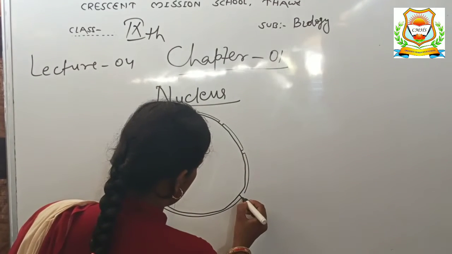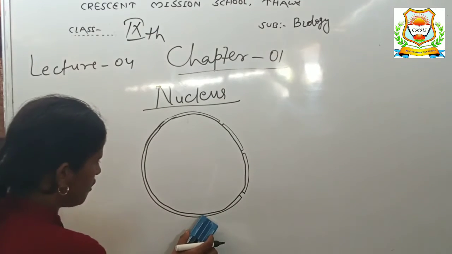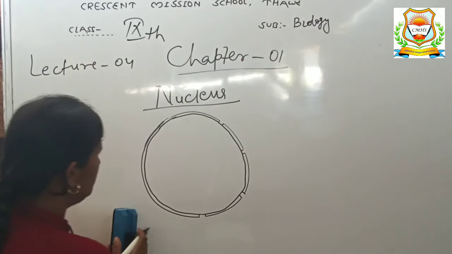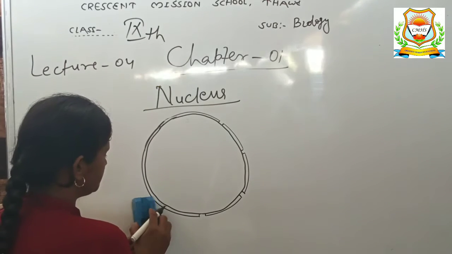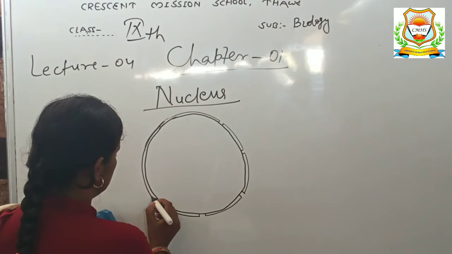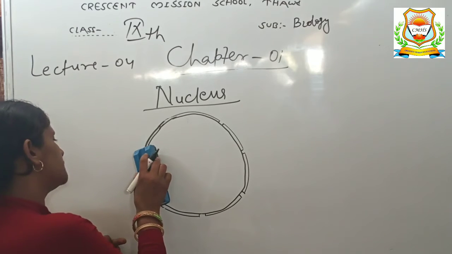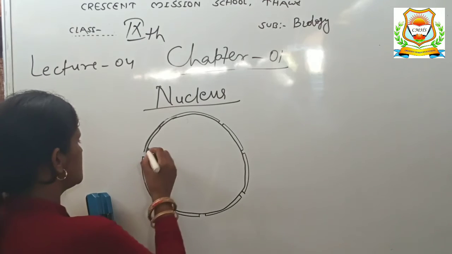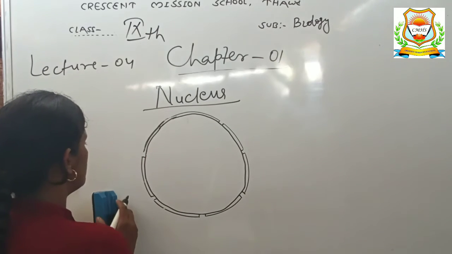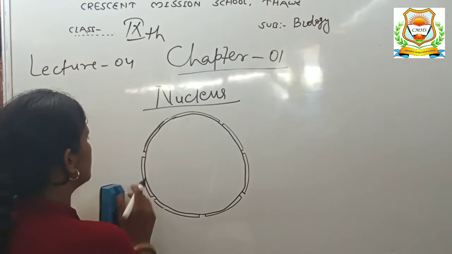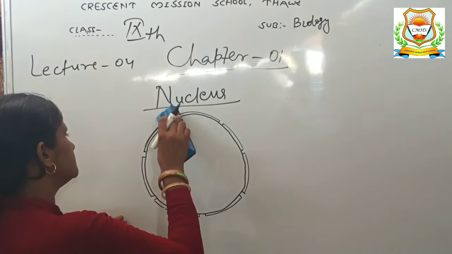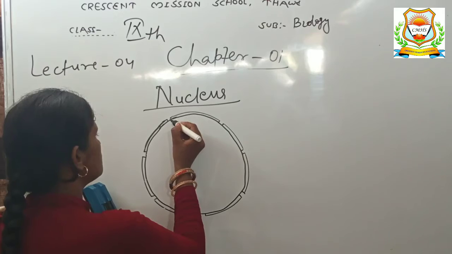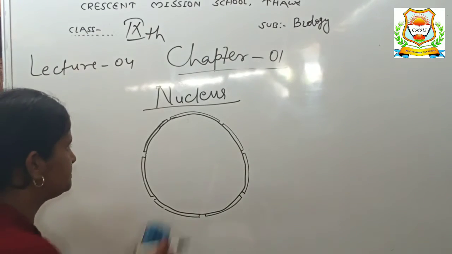There are so many pores for transporting substances in this nuclear envelope, so that some of the necessary materials can enter inside the nucleus from the cytoplasm and come out from this membrane.